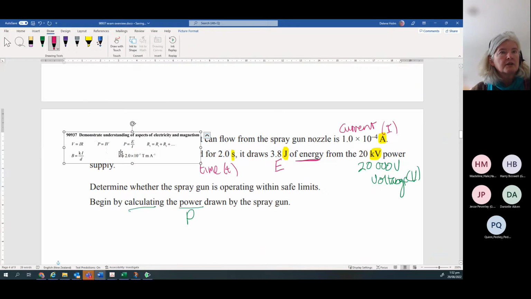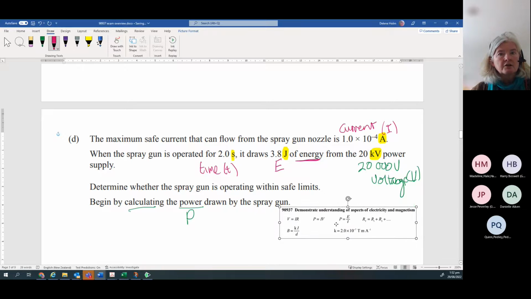Right, so hopefully it is a bit on the small side, but these are the equations we are given. V is equal to IR. Now we're not given R, but we know V and we know I. We are told to start with this one.